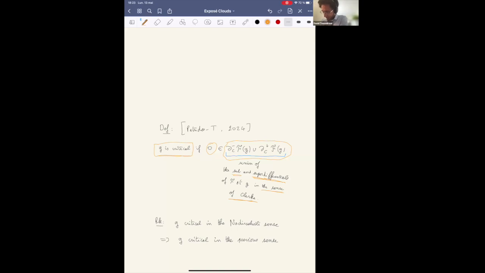But I just want to point out that this notion of criticality is interesting because if a metric is critical in the sense of Nadirashvili, it is critical in this sense.